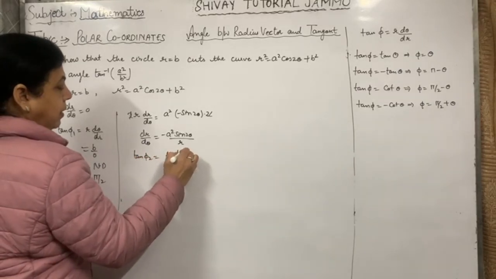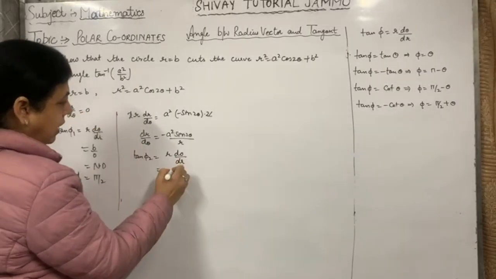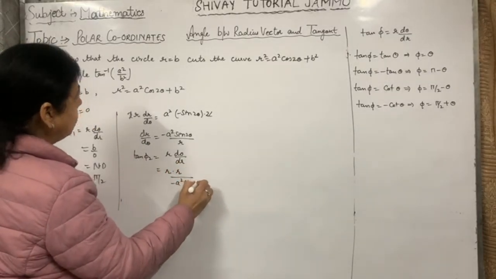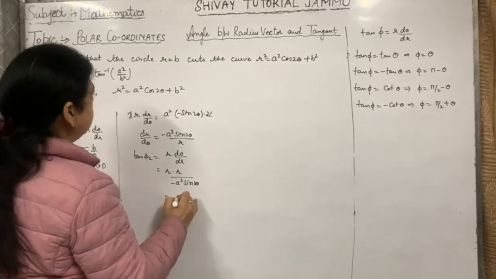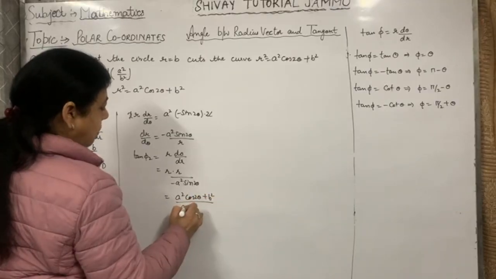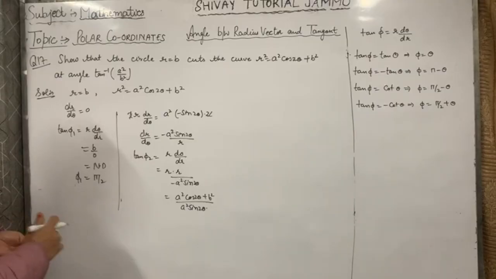It is r d theta by dr, r upon minus a square sin 2 theta. What is r? r square is a square cos 2 theta plus b square upon a square, minus sin 2 theta. Clear?